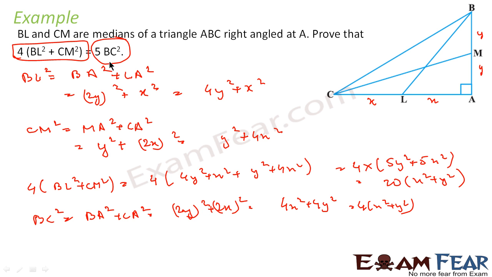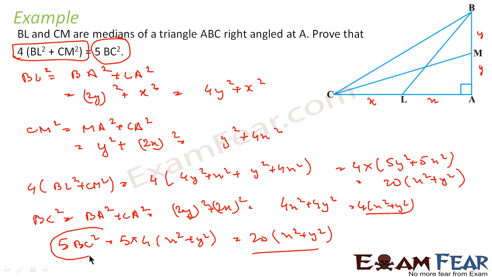Right hand side is 5BC square. So 5BC square is nothing but 5 into 4 into (x square plus y square), that is nothing but 20 into (x square plus y square). You see, right, 5BC square and 4(BL square plus CM square) both are equal to 20(x square plus y square).